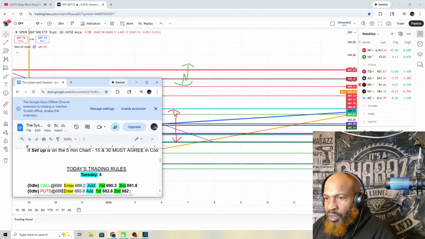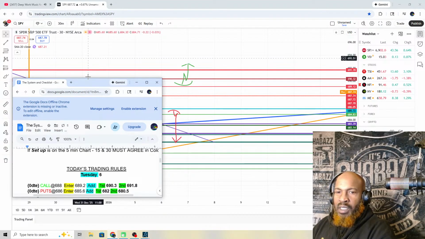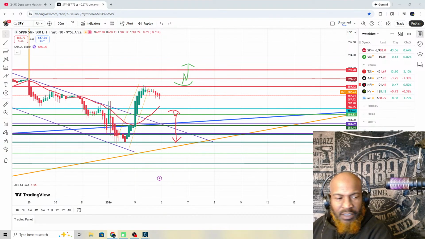Ultimately, I believe we can go down to 680, 685. Stop here at 682, monthly area of resistance. And that's what I'm looking at. Those are my plans for today.